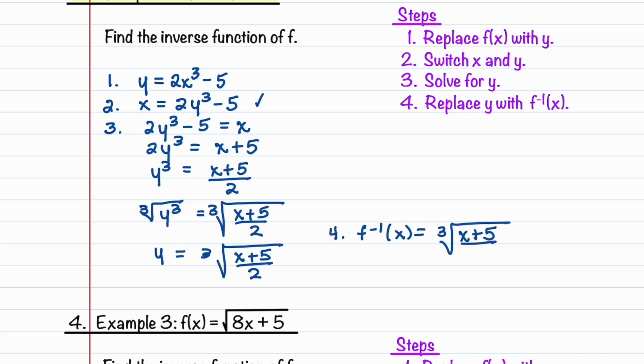Now let's look at the order of operations and compare our function and our inverse function. If we go back up to step 1, we can see that we started out by cubing our function, and then we multiplied it by 2.